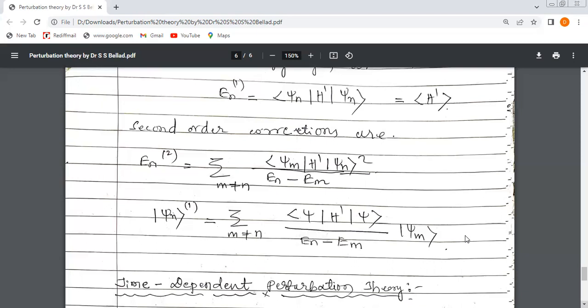So these are the basics of perturbation theory.